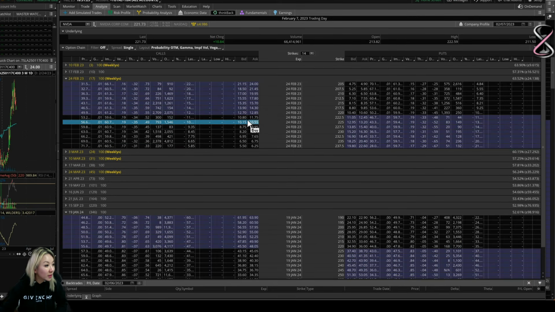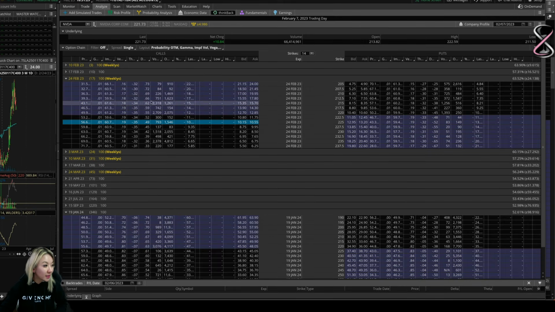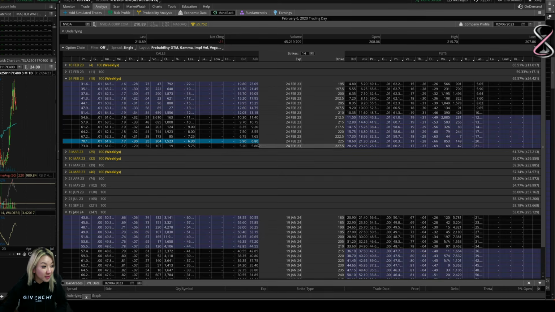The 225. Okay, it jumped up to 10 because the price jumped up, right? So you get all that delta increase, right? It jumped up 10 points. So 10 points times about 50 delta is about $5, right? The day before, what was it, $5, $6, plus the delta increase.